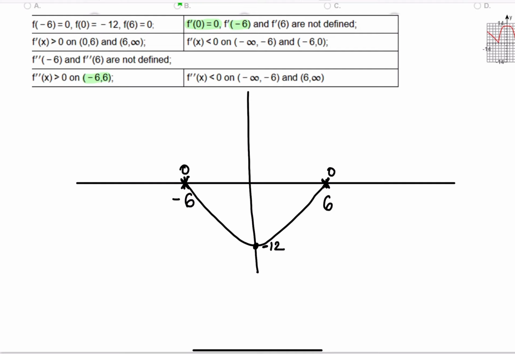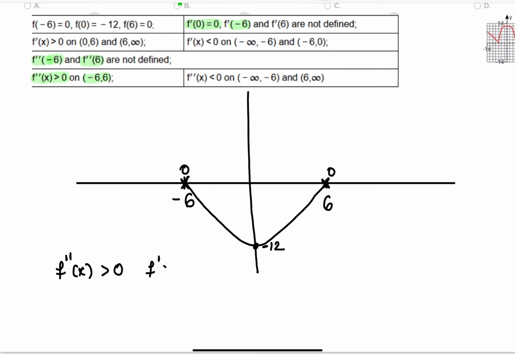And again, let's see what's happening next. The second derivative of f at -6 and f at +6 are not defined. That's okay. And here, f double prime is greater than 0 from -6 to +6. Remember, if f double prime is greater than 0, that means it's positive.